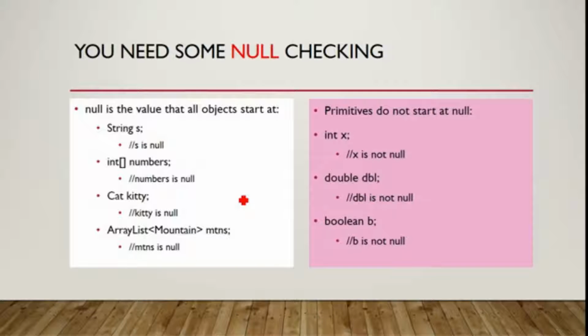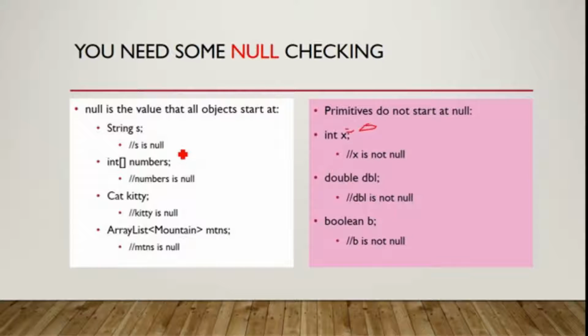The rules are a little tricky on that. Basically understand it like this: null is an object that has not been properly initialized, or an object that has been deleted, basically. It's been removed. Primitives don't start at null. They typically start at like 0.